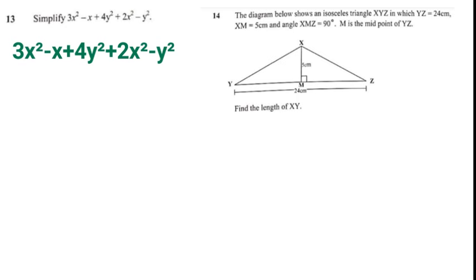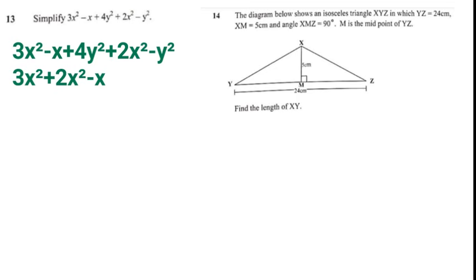So I'm going to write 3x squared. Then I'm going to look for a term that has got x squared, which is plus 2x squared. Then minus x, since there is no other term that has got x squared.